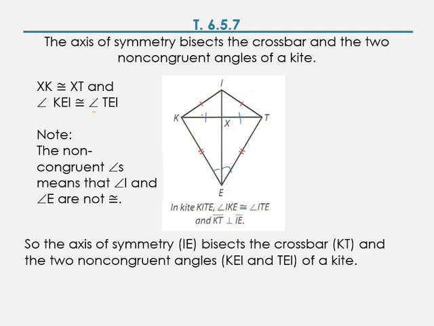So the axis of symmetry, IE, bisects the crossbar KT, and the two non-congruent angles, which were I and E, are also bisected by this axis of symmetry. So that means also, by the way, that these two angles will be congruent to each other. They will not be congruent to these angles on the bottom, but they will be congruent to each other.